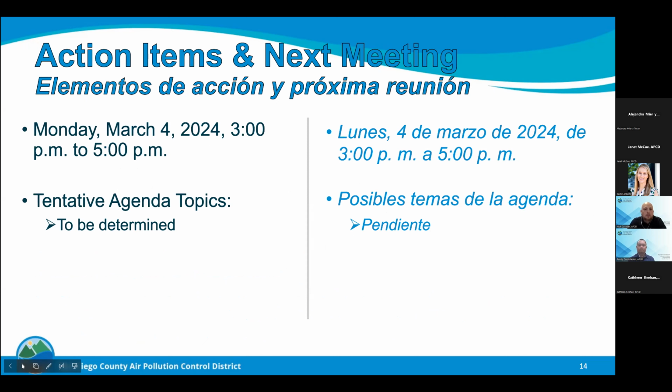I think we're pretty much at time here, so we're not going to have any non-agenda or participant comments today. As far as the next meeting, it is March 4th at 3 o'clock.